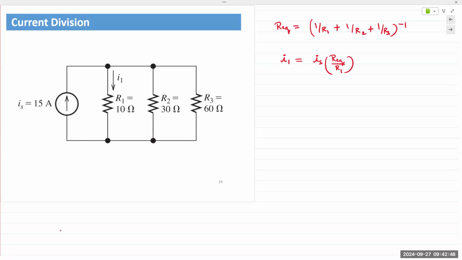Because for parallel connections, Req is 1 over R1 plus 1 over R2 plus 1 over R3 plus 1 over R4, and so on and so forth. So when you derive it from Ohm's law and plug in Req, you would get Req divided by the resistor of interest, which is R1, R2, R3.